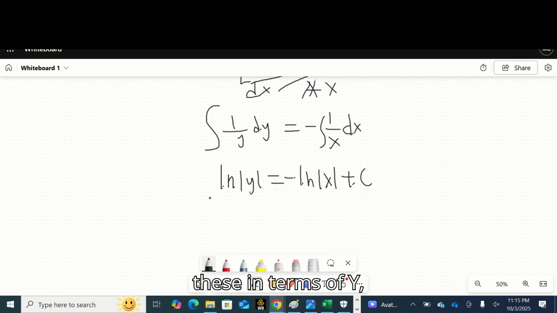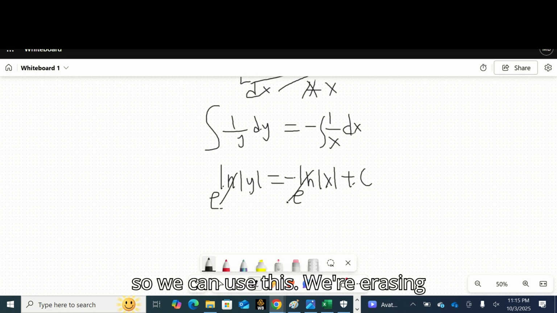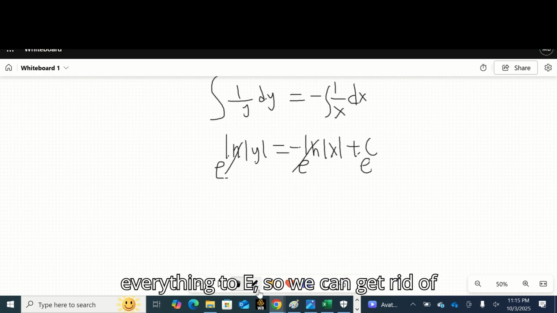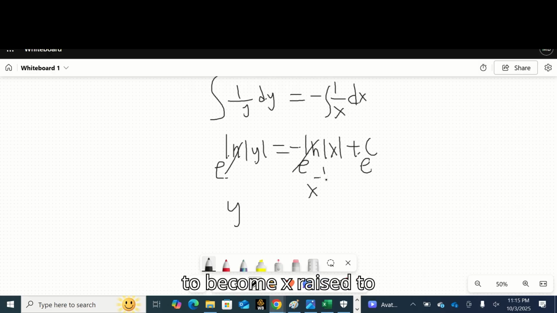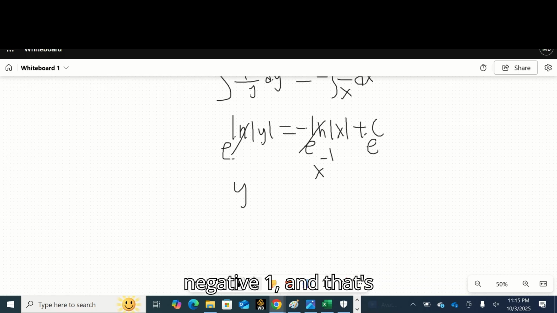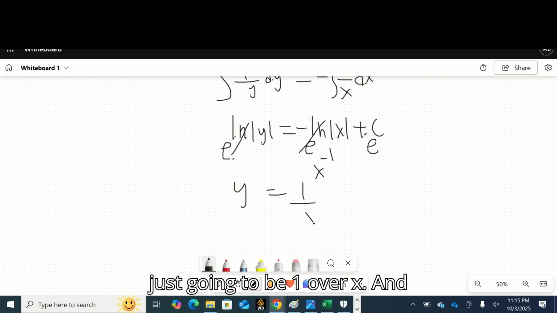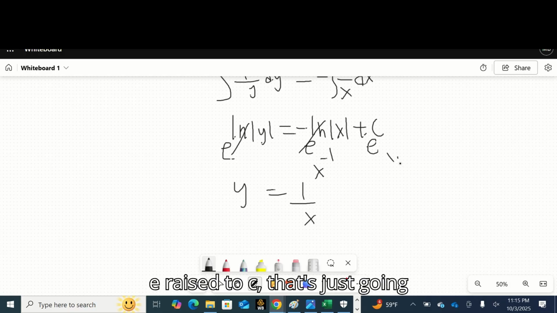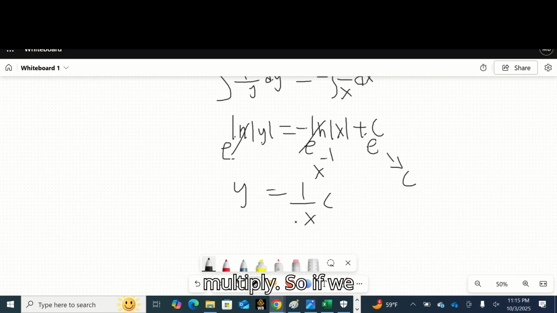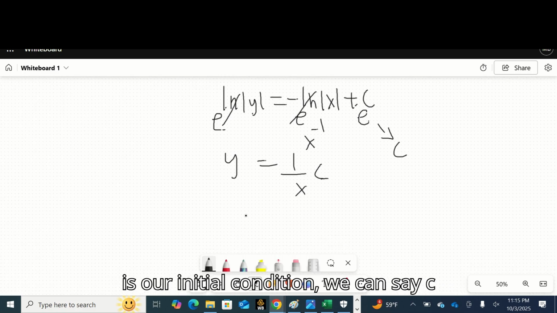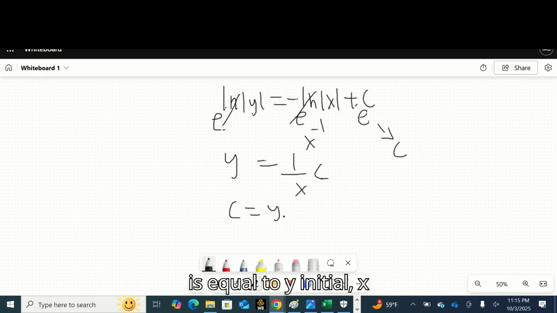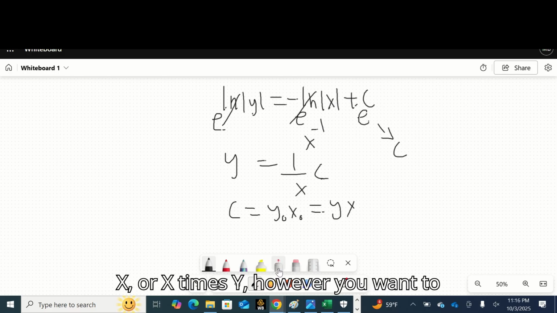And I want to get these in terms of y, so we're raising everything to e, so we can get rid of the natural log. y equals, so this is going to become x raised to -1, and that's just going to be 1 over x, and e raised to c, that's just going to be c, because remember our exponent rules, these are going to multiply. So if we want to solve for what c is, which is our initial condition, we can say c is equal to y initial times x initial, which is just equal to x times y, however you want to put it.